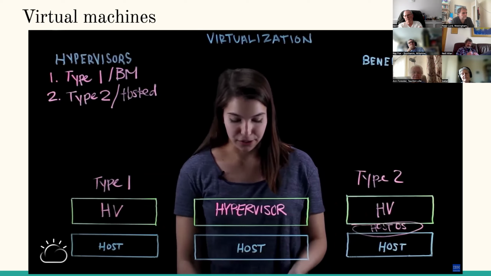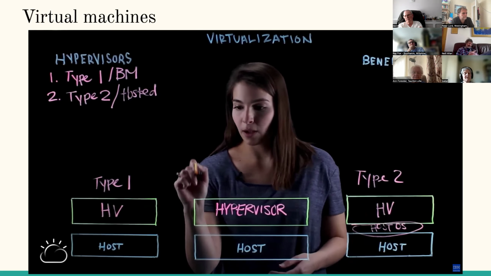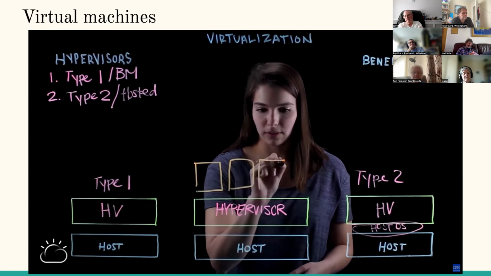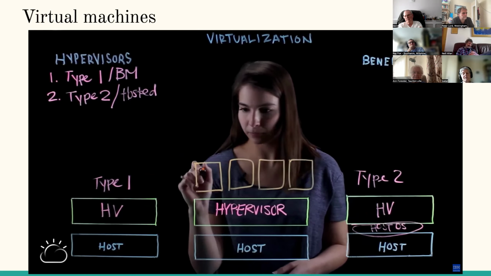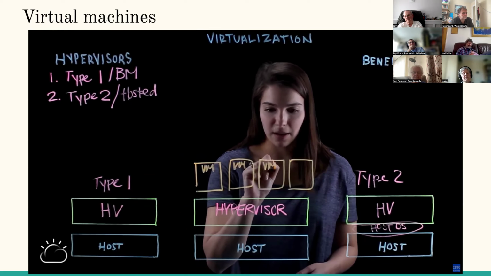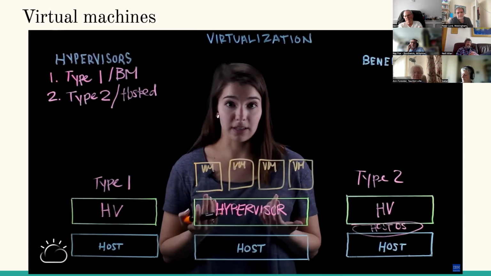So once you have your hypervisor installed, you can build virtual environments or virtual machines, or simply put, VMs. So let's spin up some environments. What makes a VM a VM? A VM is simply a software-based computer. They run like a physical computer.